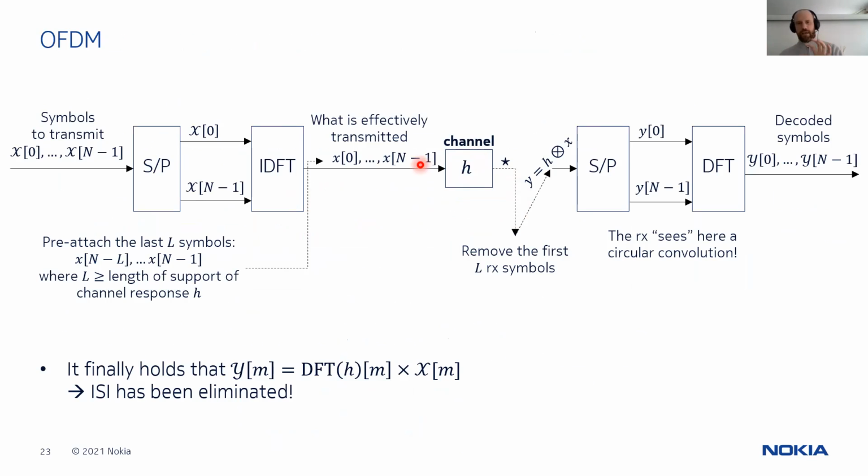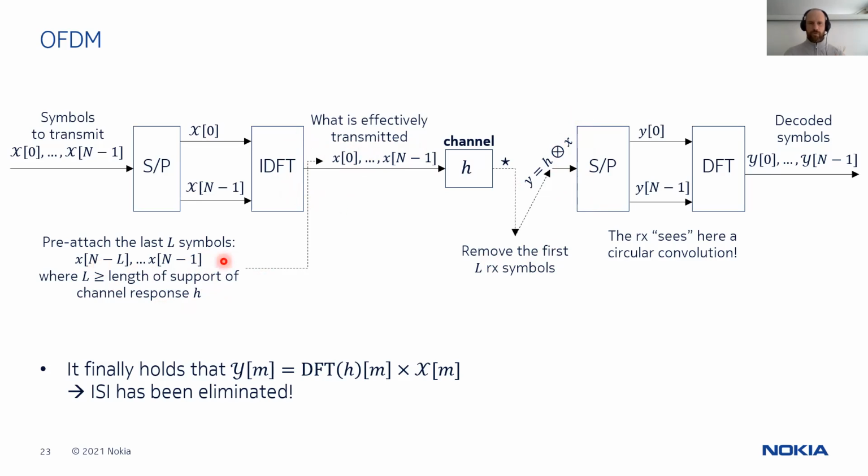We still have to do something. The first L symbols are basically garbage for us because they bring no information, and they're not exactly a circular convolution anymore. So we remove the first L received symbols, and the effect is that what you see here is indeed the circular convolution between X and H. I hope I was not too unclear.